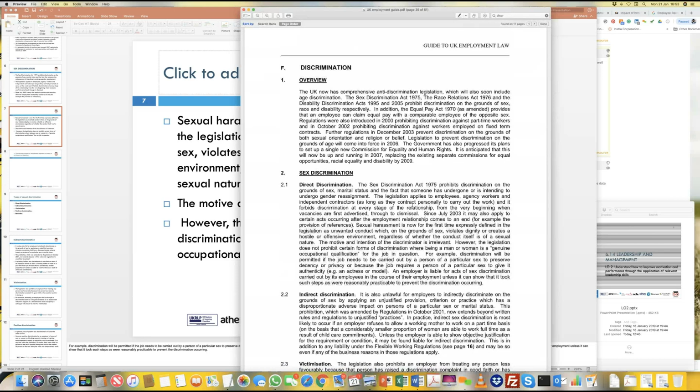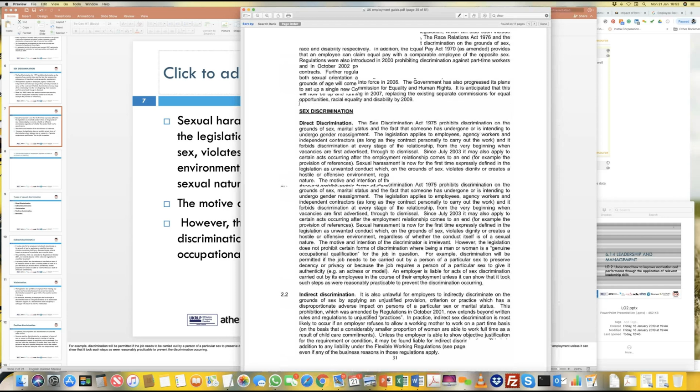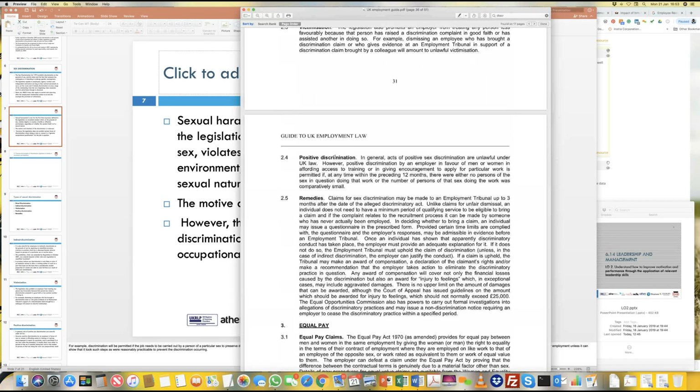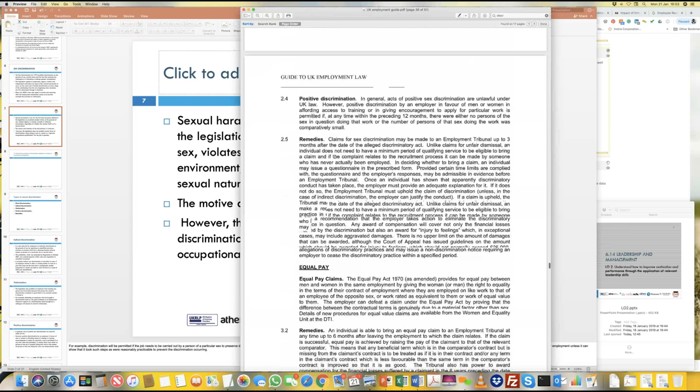If you look at section F on page 35, it talks about why discrimination is important, what the different types are, and why it needs to be included in the contract. The different forms of discrimination have been defined in one or two paragraphs for you to get a good understanding.